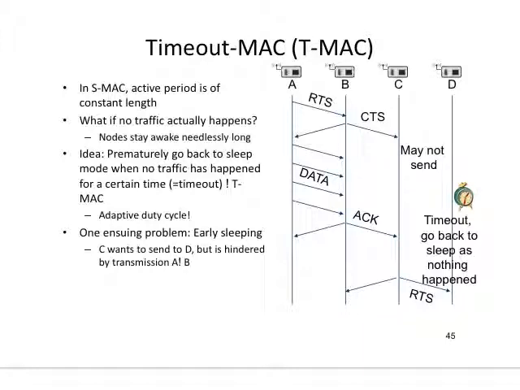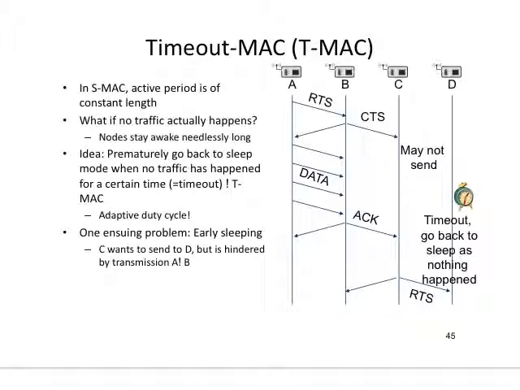Because SMAC provides a fixed active period and then a sleep mode. What SMAC really facilitates is the synchronization between the nodes, and we can do it in a distributed way by sending beacons. Once the beacons are sent and I receive the beacon, I can synchronize myself to this group, which means that we can sleep and wake up together. That's it.